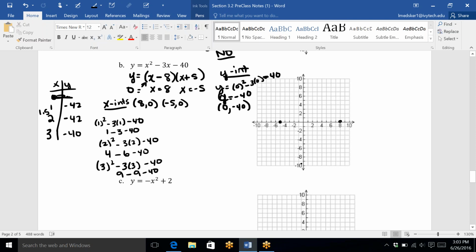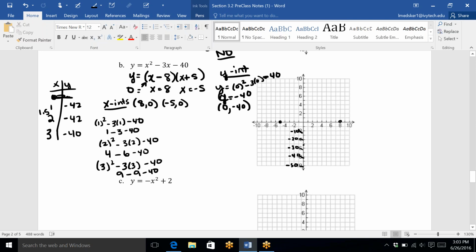Okay, so since this is so off-skewed here, I'm actually going to change the scale that we are graphing this for the y-axis. Let's change this to counting by, let's say, tens. So that'd be -10, -20, -30, -40, and -50.